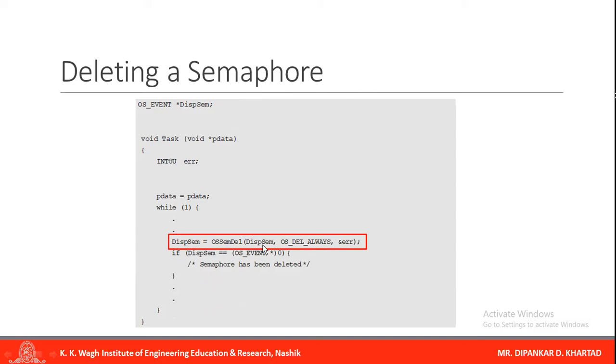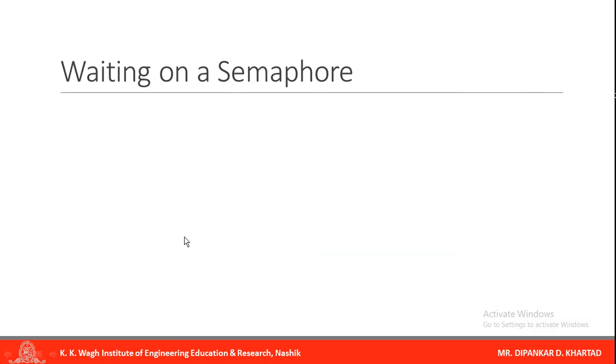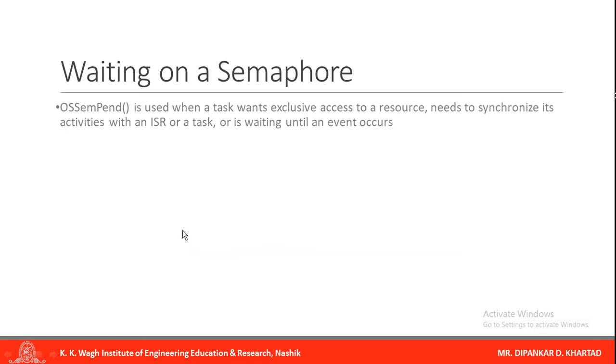OSSemDel, we have passed pevent, OS_DEL_ALWAYS and error. It will return the error. And if error is OS_ERR_NONE and the returned pointer is null, then we can say that the semaphore has been deleted.